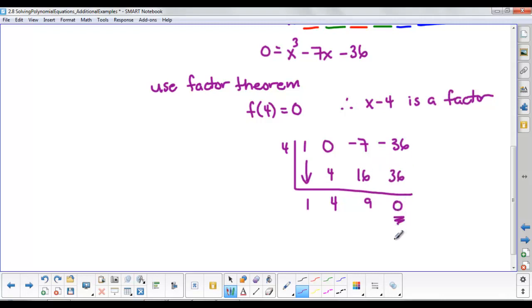So notice that I did get a remainder of 0. So our function, which was x cubed minus 7x minus 36, has now been broken down into x minus 4, and then x squared plus 4x, and then plus 9.